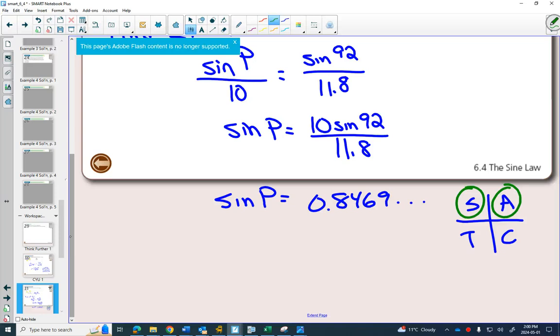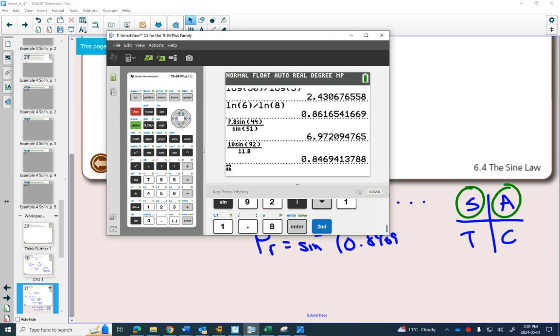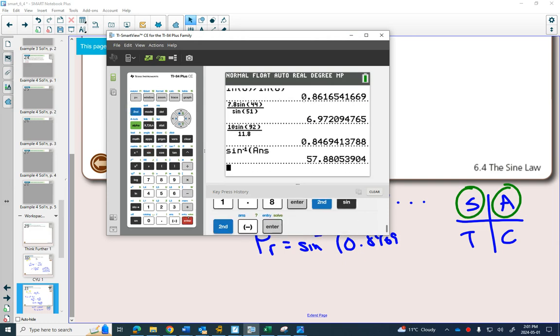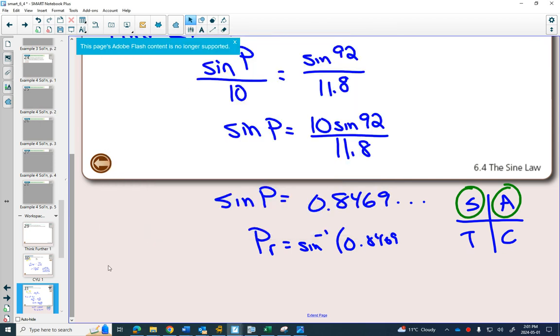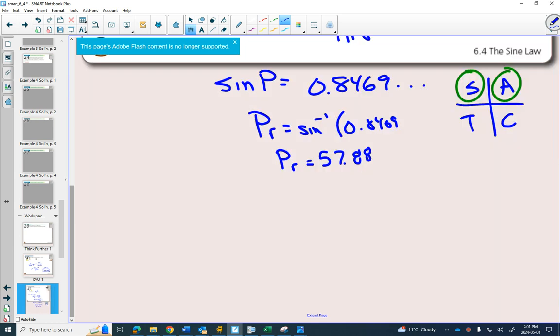But if I found my reference angle for P by doing sine inverse of 0.8469, remember, when you find a reference angle, you always do the inverse of the positive. I could do that sine inverse of that answer, 57.88. My reference angle is 57.88, which is 58 degrees to the nearest, does it say to the nearest degree?